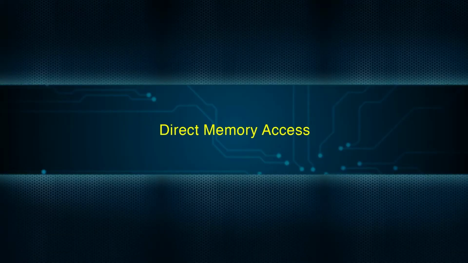Direct memory access. Removing the CPU from the path and letting the peripheral device manage the memory buses directly would improve the speed of transfer. This technique is known as DMA. In this, the interface transfers data to and from the memory through the memory bus. A DMA controller manages the transfer of data between peripherals and the memory unit.